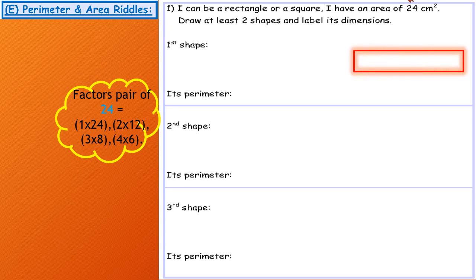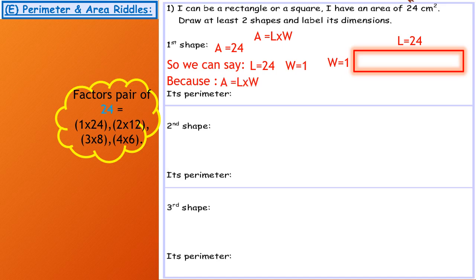If I have a rectangle, its area is 24. That means the area equals length by width. We can say that the length will be 24 and the width will be 1. Length by width, 24 by 1 makes 24 centimeters square.